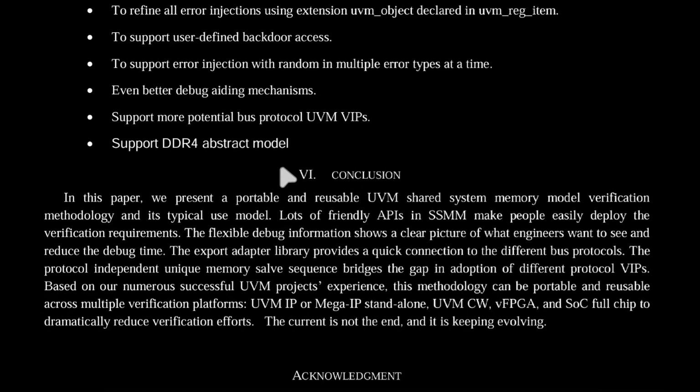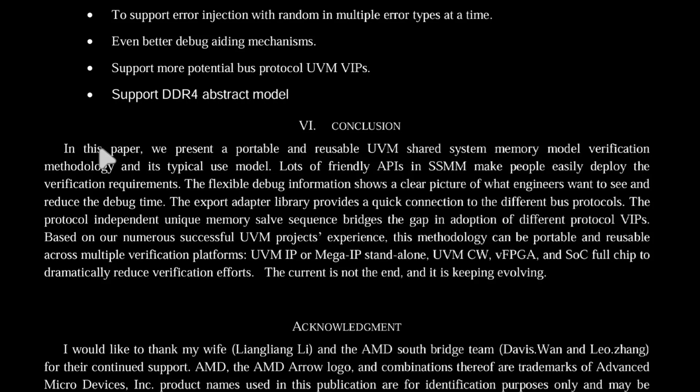Section 6, conclusion. In this paper, we present a portable and reusable UVM shared system memory model verification methodology and its typical use model. Lots of friendly APIs make it easy for people to deploy the verification requirements. The flexible debug information shows a clear picture of what engineers want to see, to reduce debug time.